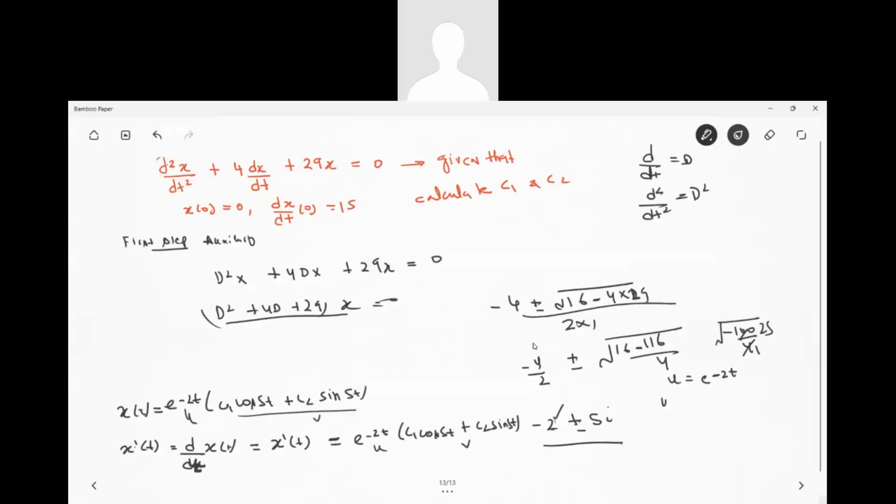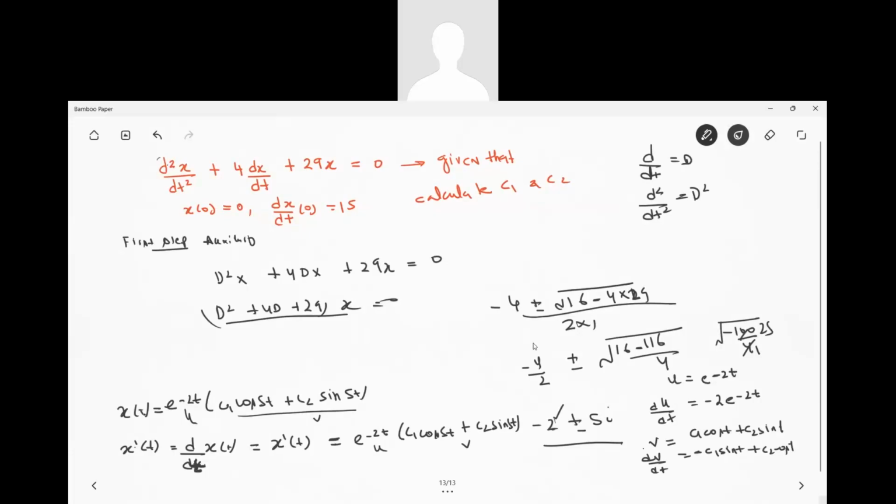So u dash, that is du by dt, would be equal to minus 2 e power minus 2t. And dv by dt would be, differentiation of cos is minus sine, so minus c1 sine 5t, and differentiation of sine is plus cos, so c2 cos 5t.